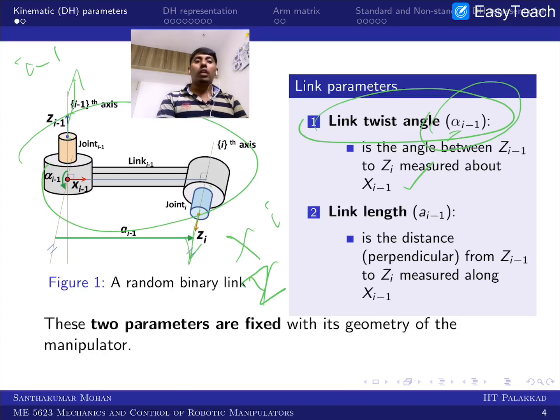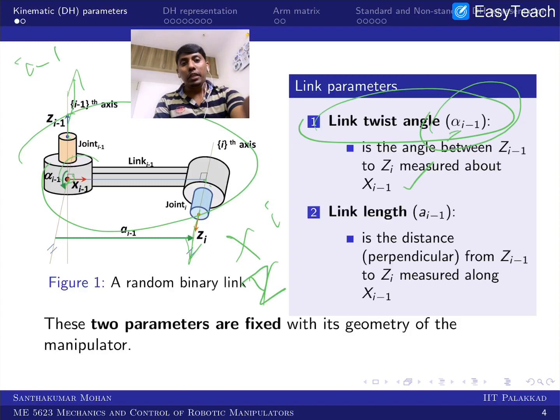Okay. Now there is another piece of information that is missing, which is the positional information. Here we call it link length, in the sense the distance from the i minus 1 frame to the i frame along xi minus 1. This distance is a geometrical parameter, so we call it link length. I already told you the link length cannot be negative, it can be at minimum 0.